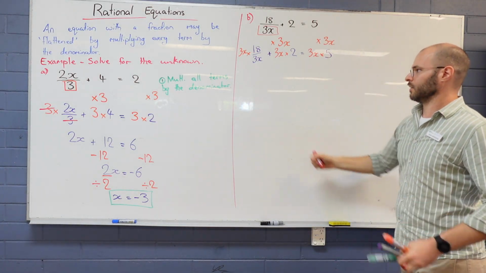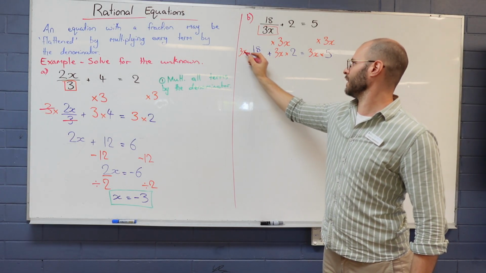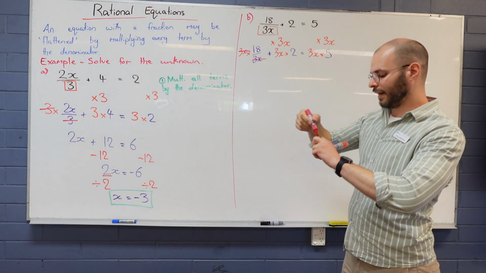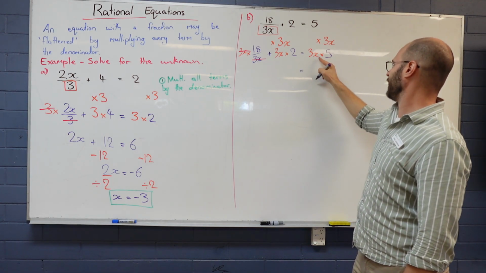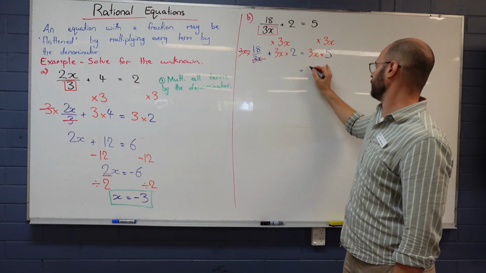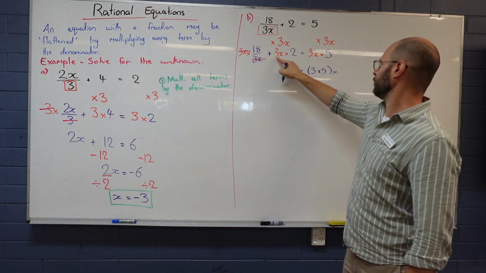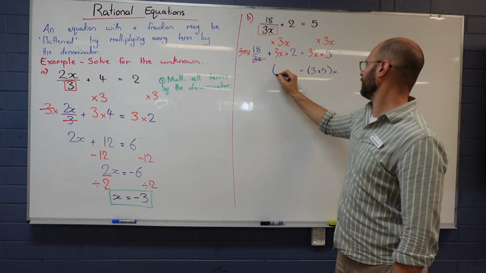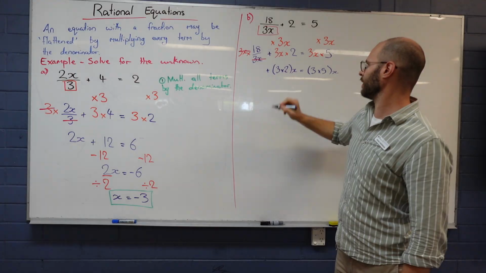Simplifying what we can, 3x divided by 3x is simply 1. Now, carrying out the multiplication, 3x by 5 is going to be 3 by 5 x's. 3x by 2 is going to be 3 by 2 x's plus.